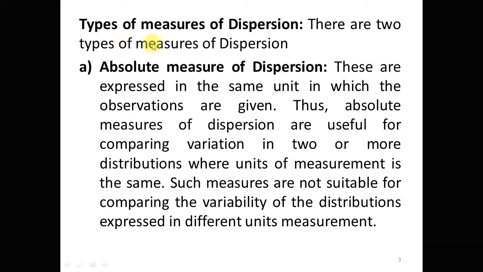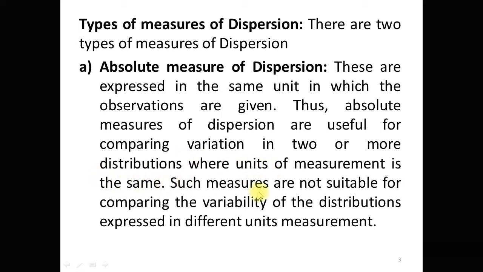The types of measure of dispersion. There are two types of measure of dispersion. Number one, absolute measure of dispersion. These are expressed in the same unit in which the observations are given. Thus, absolute measures of dispersion are useful for comparing variation in two or more distributions where the unit of measurement is the same.